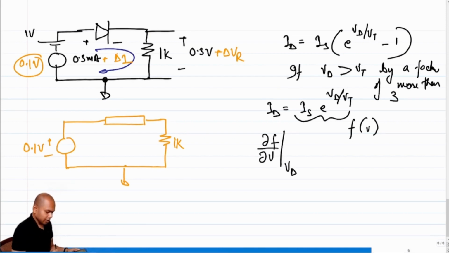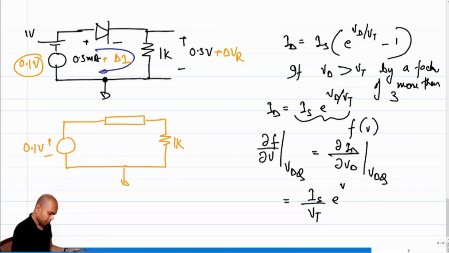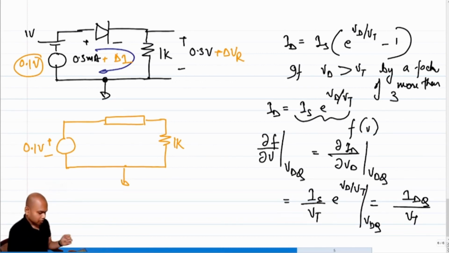For certain quiescent point VDQ, this is nothing but del ID del VD around an operating point of VDQ, right, which is nothing but, in this case, IS by VT e to the power VD over VT, which is nothing but IDQ by VT, correct? So this is evaluated at VDQ. Since this is evaluated at VDQ, I get del F del V to be IDQ by VT, right?